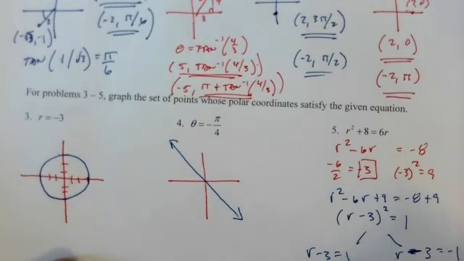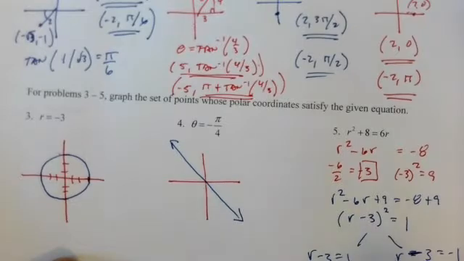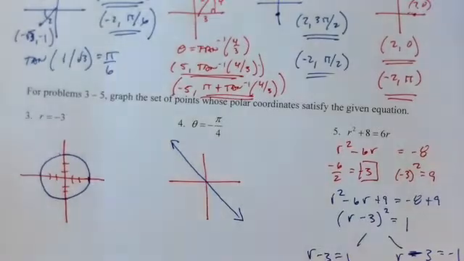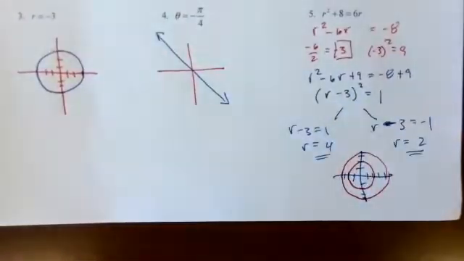This would be r equals 2. So at the end of the day, we're looking at a circle at r equals 2 and a circle at r equals 4.